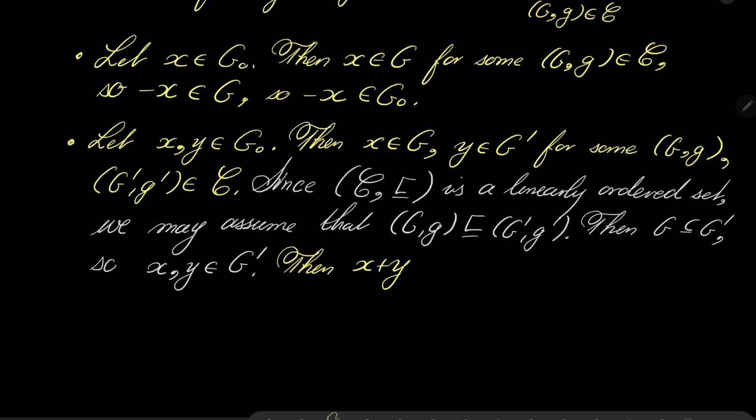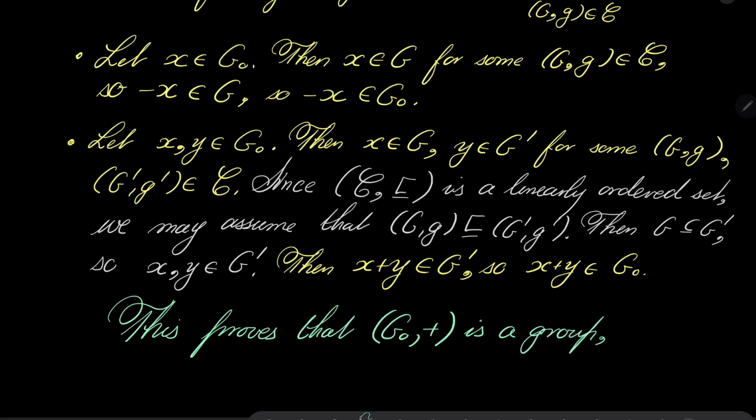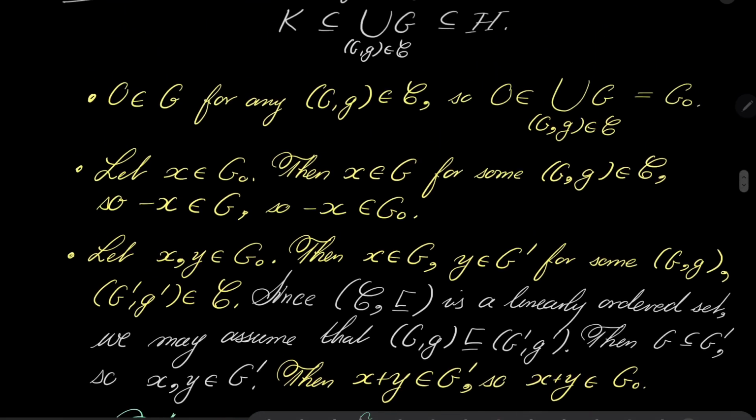Then x plus y is again in our group G prime, so it is also in the entire union of these groups, which proves that G0 with addition is a group. And it is somewhere between K and H. So I have proved the first part of my claim.